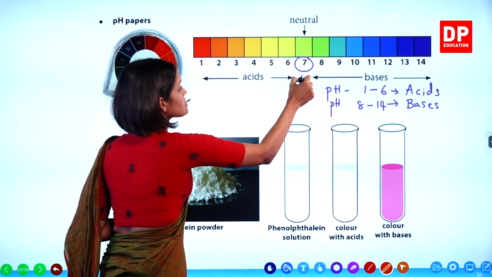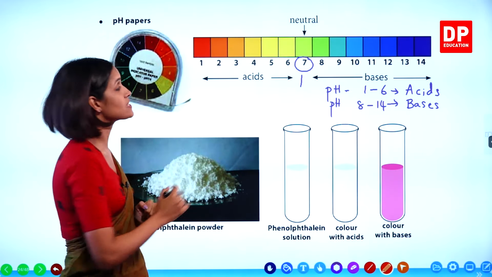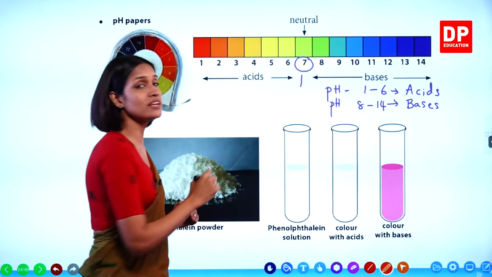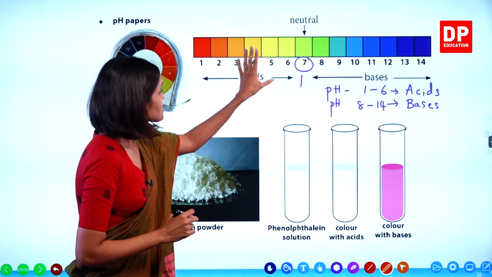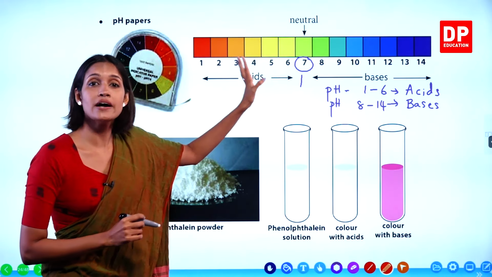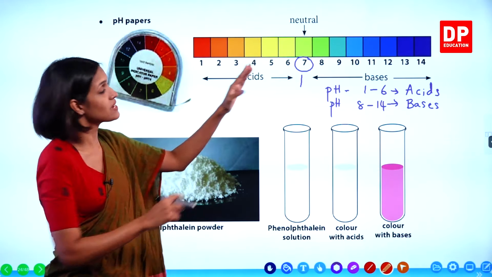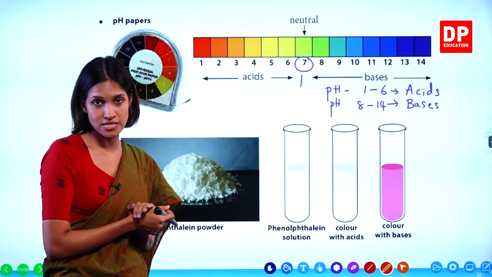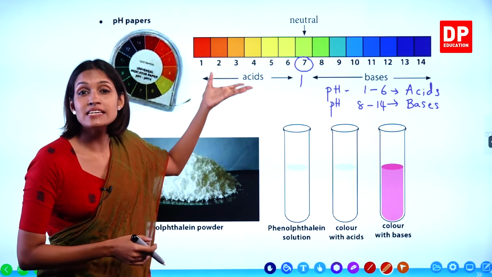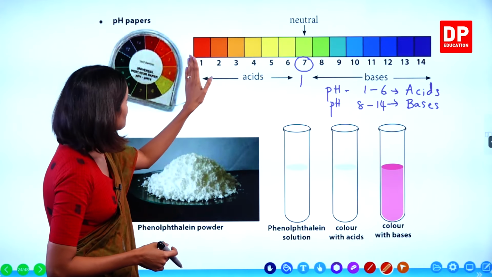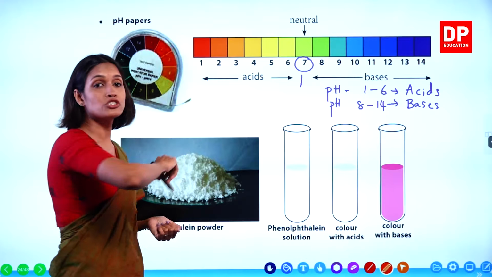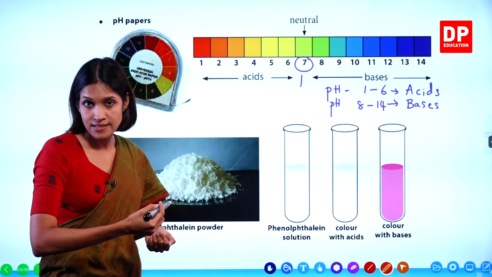7 is the neutral substance. Okay, 7 belongs to neutral substances. 6 is closer to 7. It means if a certain acid falls under 5 or 6, they are coming under weak acids because they are closer to neutral substances. When this number goes away from 7, the acidity increases. It means, children, now pH 1, 2, 3 belong to very strong acids.